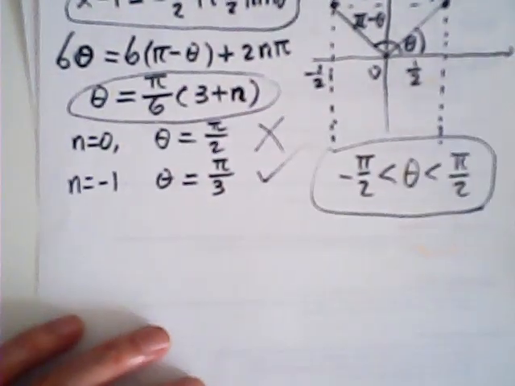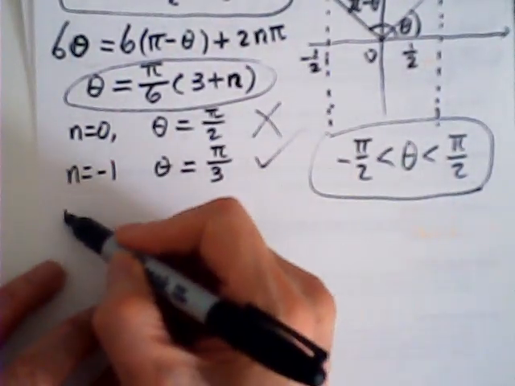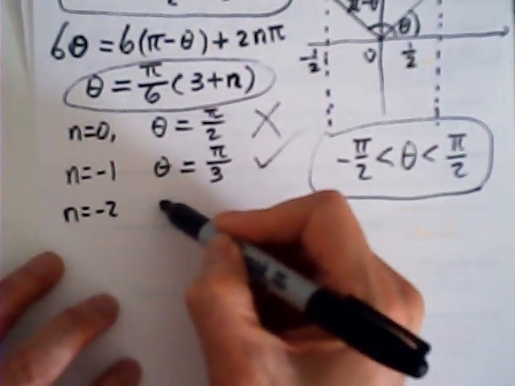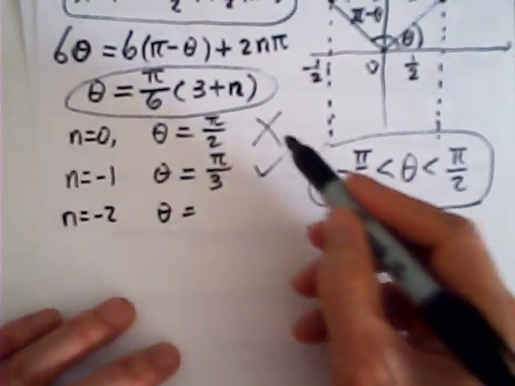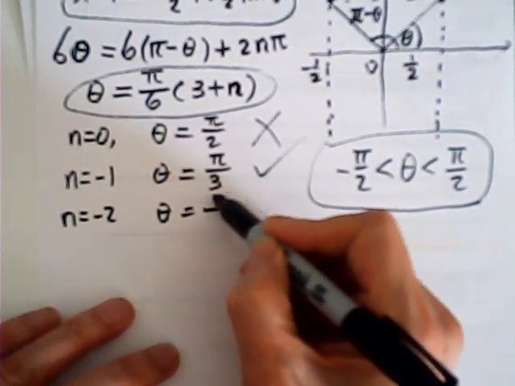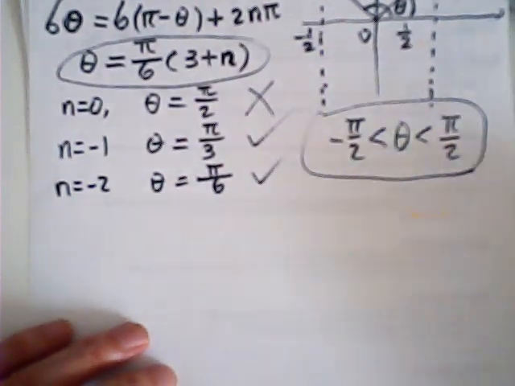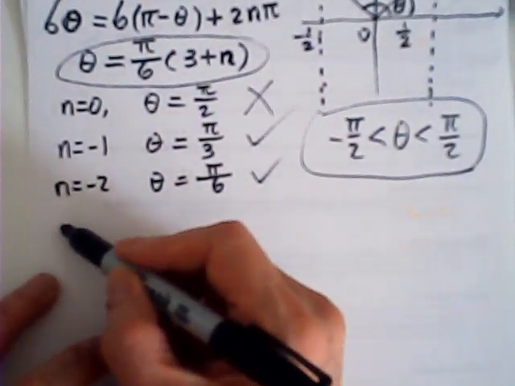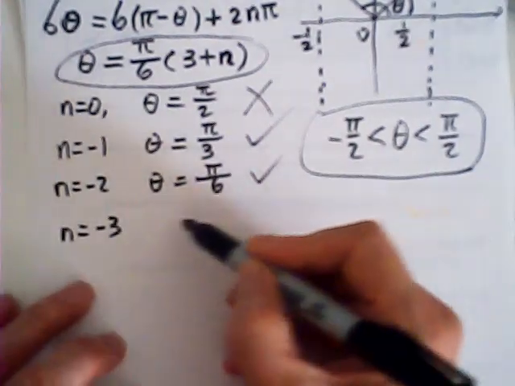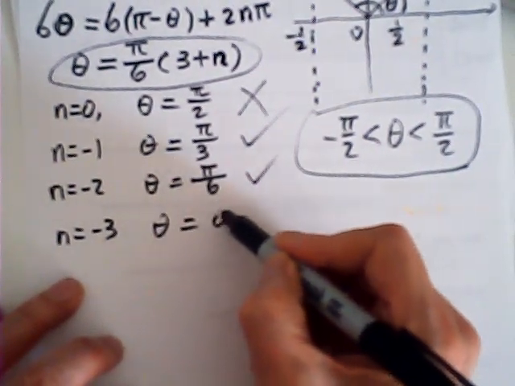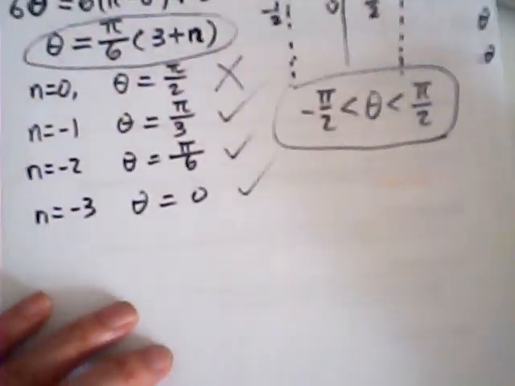That is okay. N equal to -2, theta is equal to 1/6 pi. That is okay. Let's see. N equal to -3, theta is equal to 0. Well, that is okay.